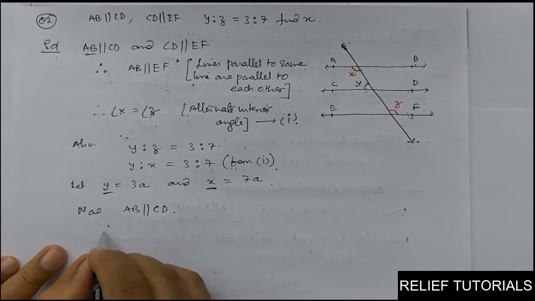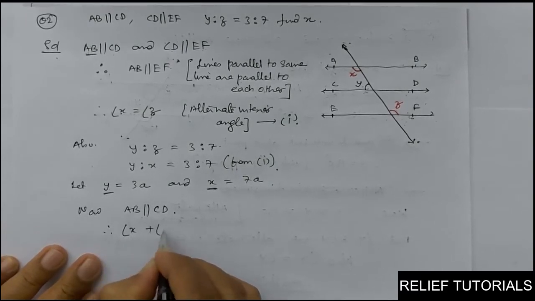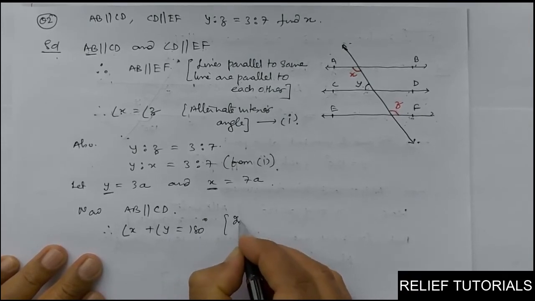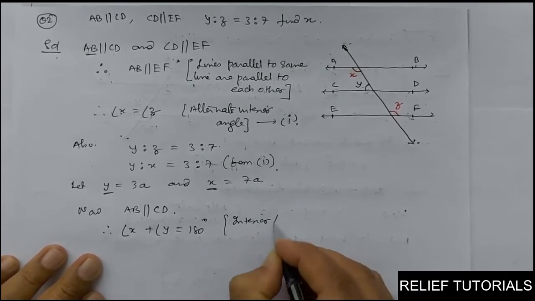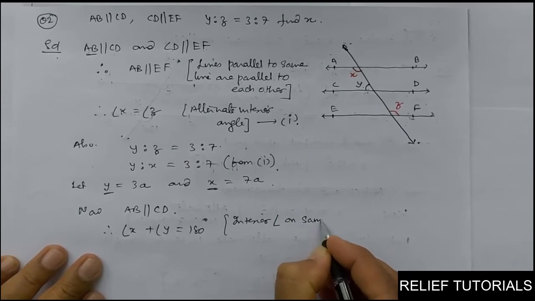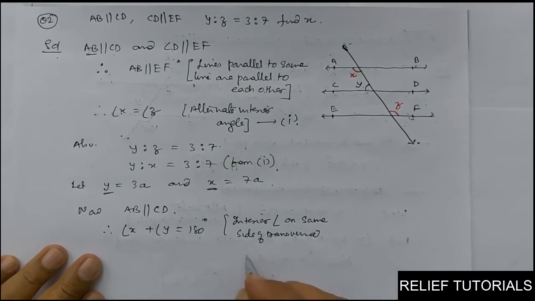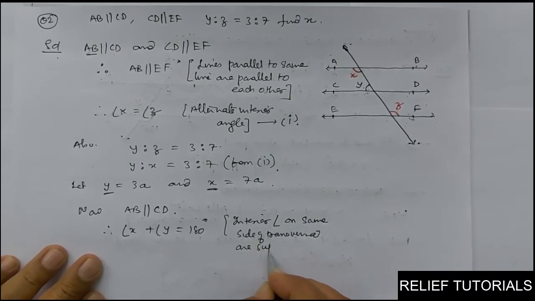So therefore I can write angle X plus angle Y is equal to 180. Reason: interior angles on the same side of the transversal are supplementary. Have you got it, friends?